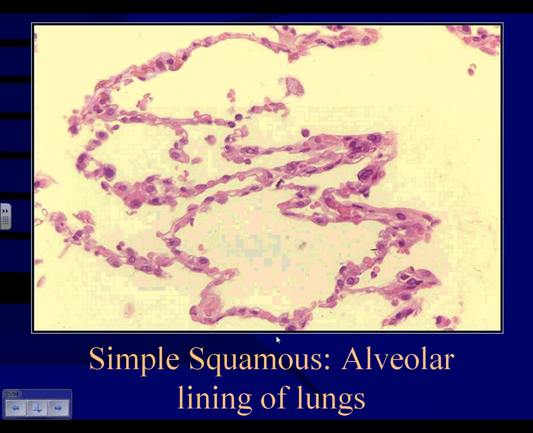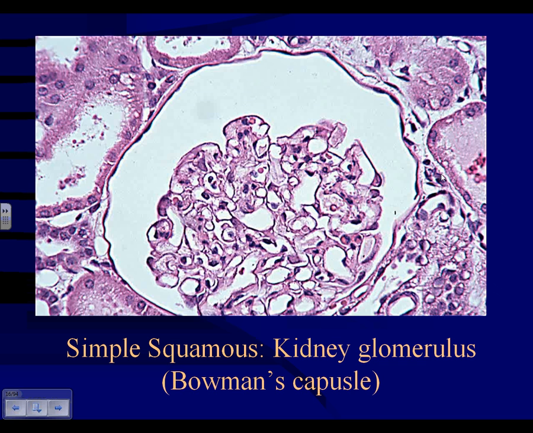Another example is the lining of the lung. This is normal lung. This is the alveolar sac, and it's lined by this simple squamous epithelium, flattened. All right, the lining of this is Bowman's capsule. So this is the glomerulus, this tangle of capillaries sitting in this cavity. This is the functional unit of the kidney, where blood is filtered.